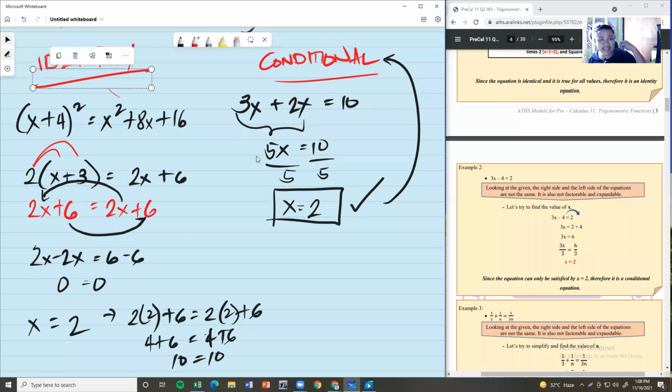This is identity because both sides of the equation are exactly the same. And conditional can only be satisfied by one value. The condition here is that only x is the correct answer for this, and that's conditional.